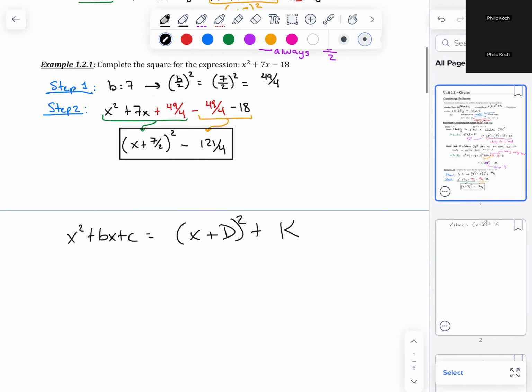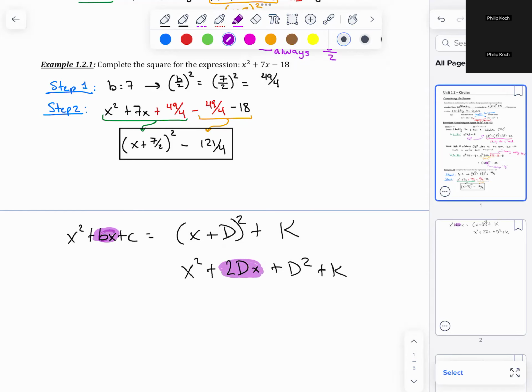Well, what do I notice about this? When I FOIL this out, I get x squared plus 2dx plus d squared plus k. So, if I want to find out what d is, that means that b, there's only one thing that has an x on it.